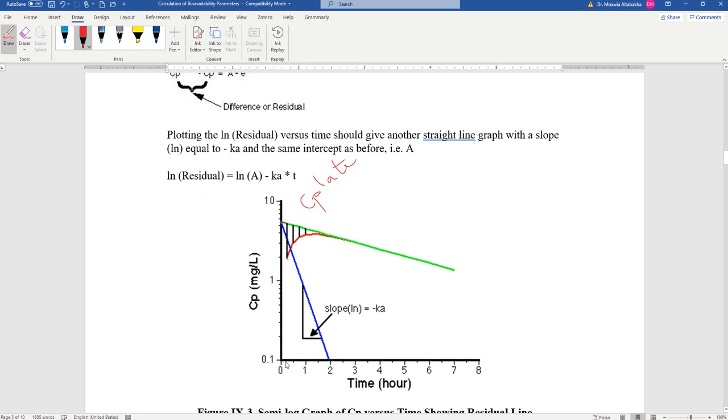At what time? At 0.25 hour. So you put the data point, so you will have a data point, for example, here, and another data point here for the difference at half an hour maybe. Okay, وكمان another at 1 hour maybe.